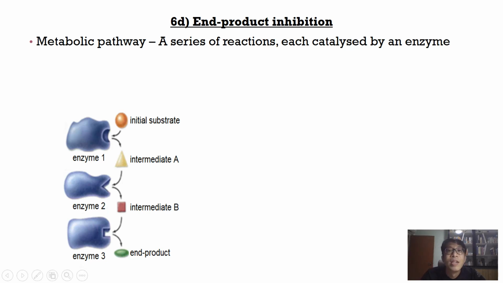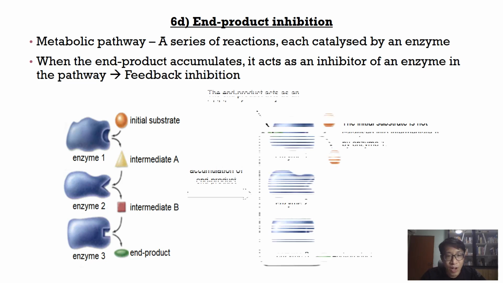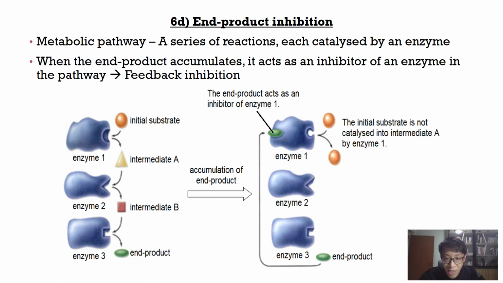Okay, so a common phenomenon that we see in such metabolic pathway is the phenomenon of feedback inhibition, in which the end product, once it is of high enough concentration, acts as an inhibitor to one of the enzymes in the pathway. As you can see in this example in the notes, the end product in this case serves as an inhibitor of enzyme 1.